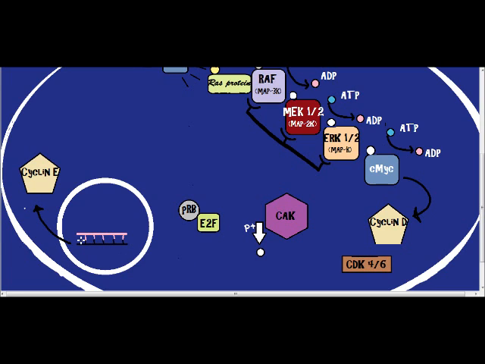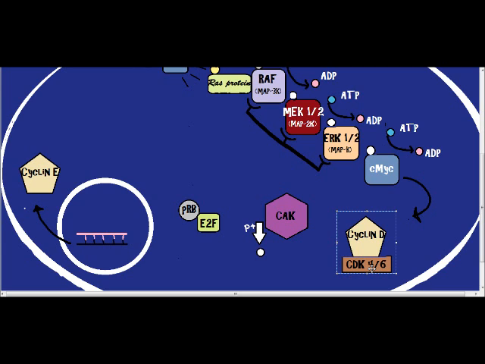So once cyclin D production is upregulated, it will go and bind to CDK4 or CDK6. So once this heterodimer complex has formed, it uncovers the active site of the CDK by causing a conformational change in the CDK.